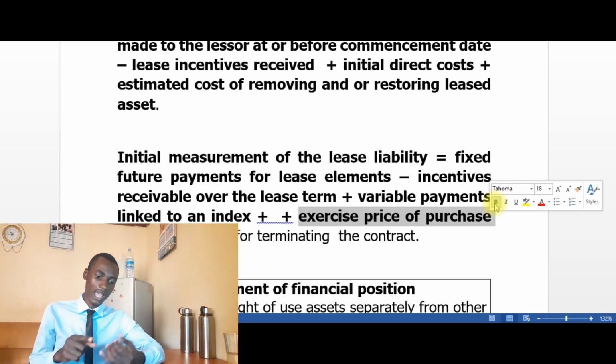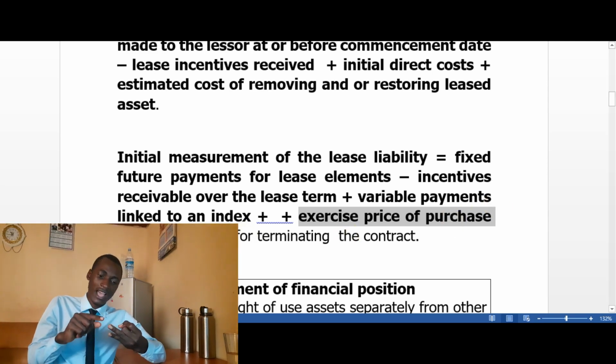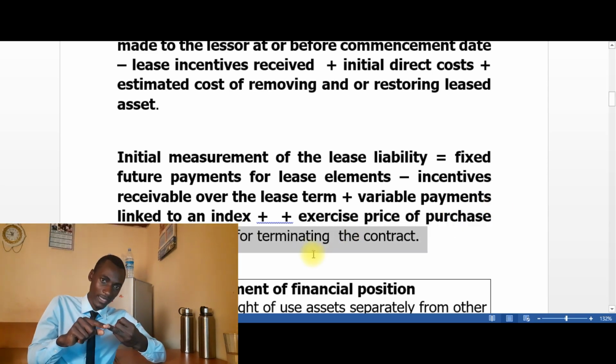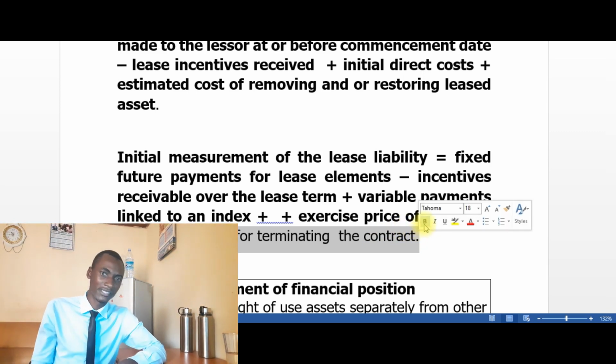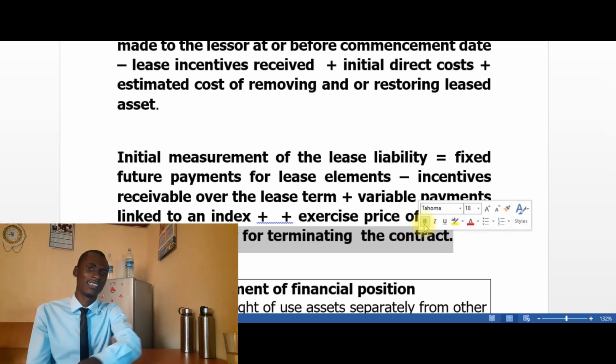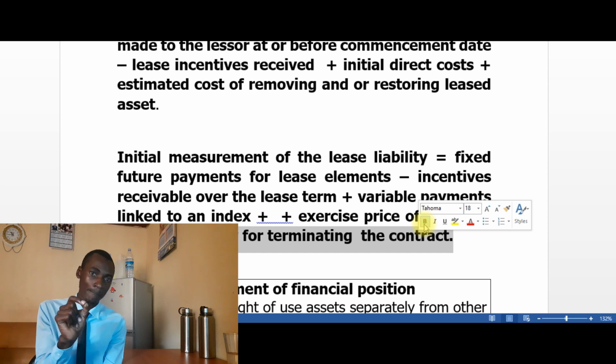So you have to master how to initially measure the right of use asset as well as the lease liability. Because in some scenarios, for example, in the previous paper 8, that was November 2019 financial reporting, there was a question about leases.